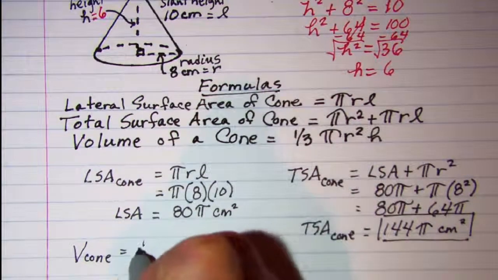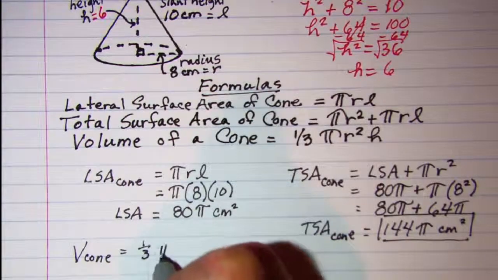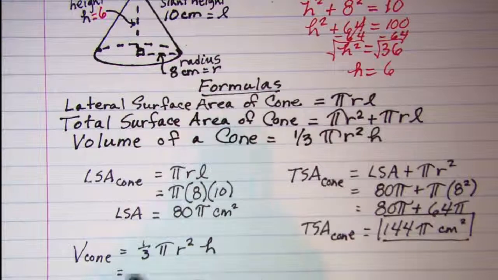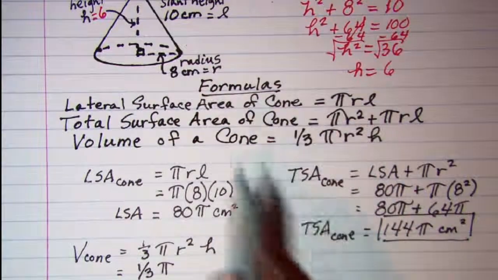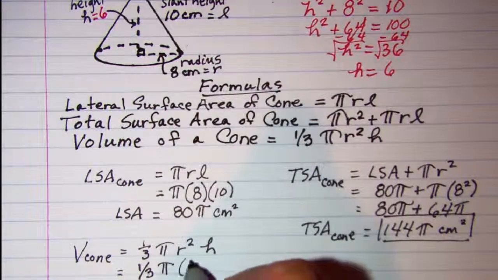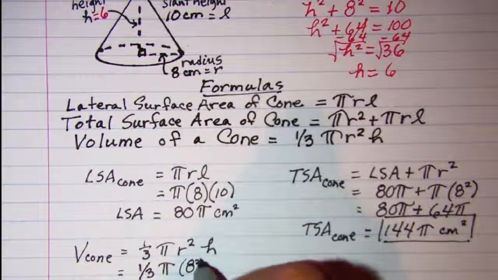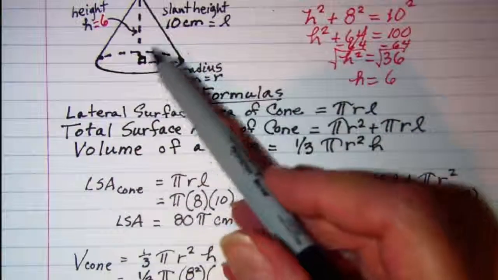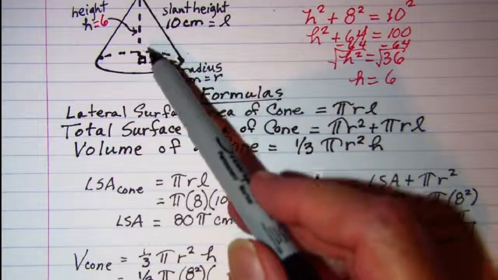So 1/3 pi r squared h. So we have 1/3 and then pi. My radius was 8, so this is 8 squared. And my height, now they're talking about the altitude, the height, not the slant height.